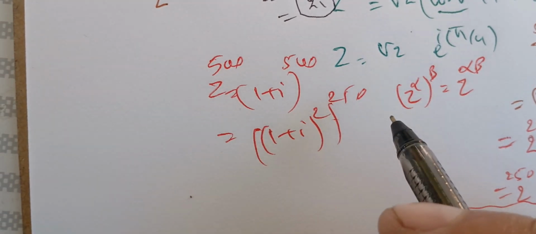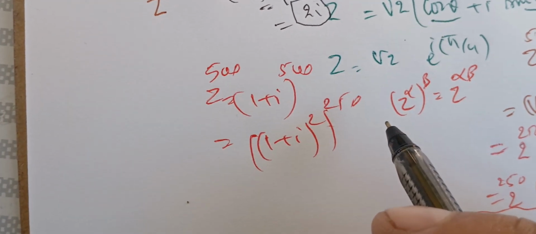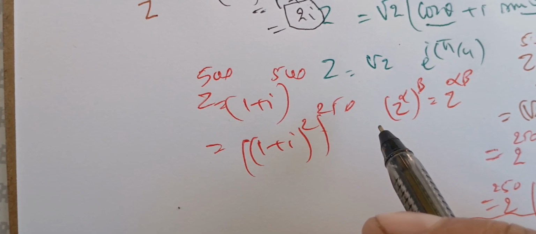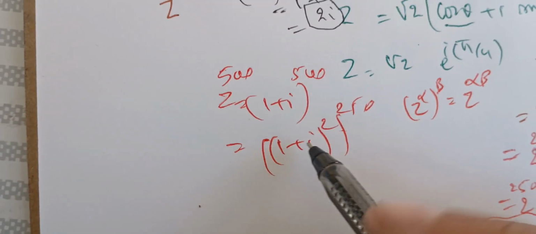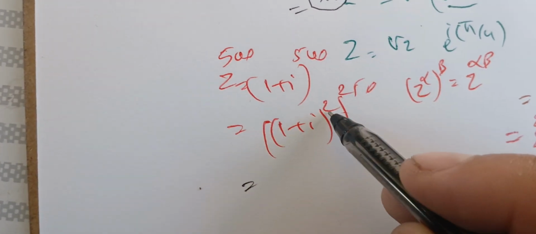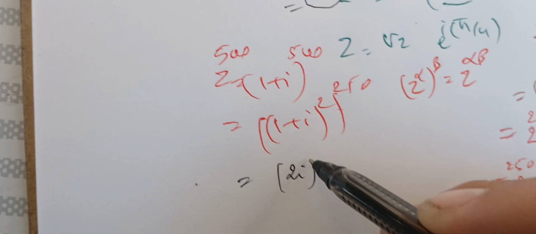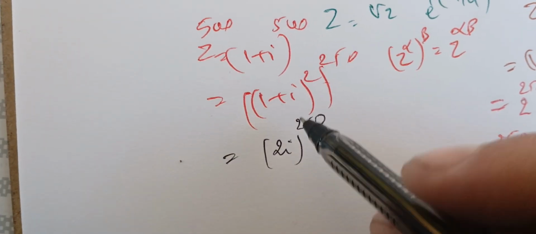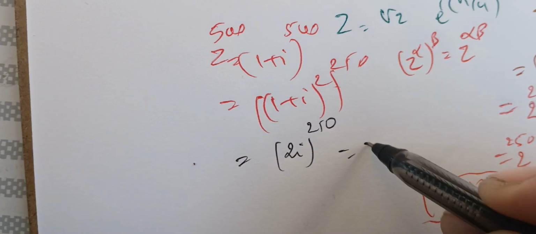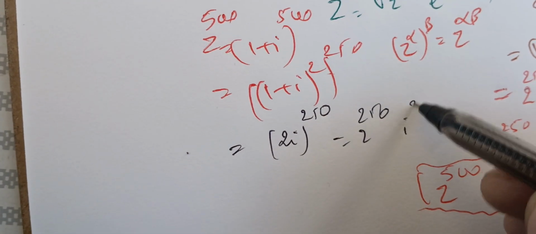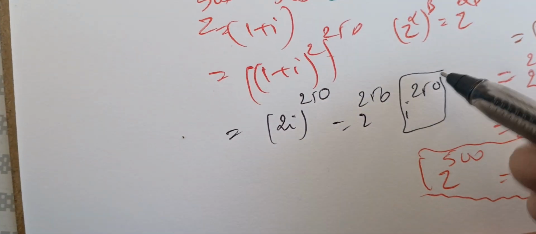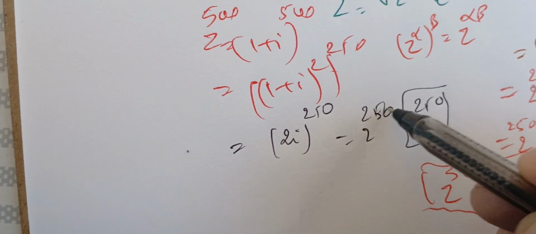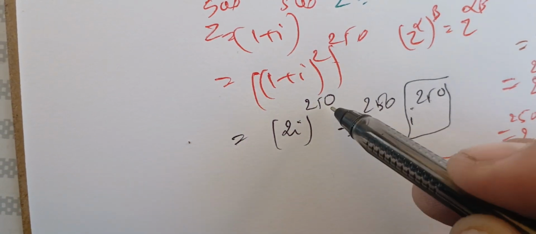Now, what I can do is enter this one here. 1 plus i squared is just 2i, so 2i to the power 250. Now I can use the rules of powers again. So this is 2 to the power 250, i to the power 250.